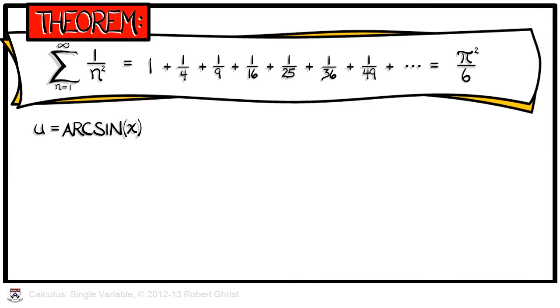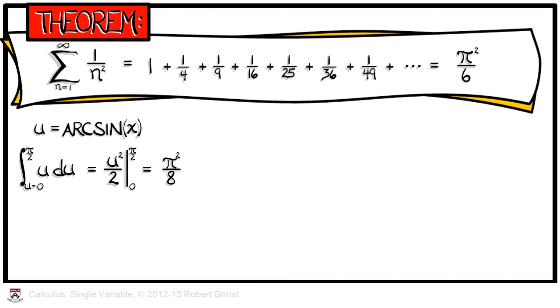Let's begin with the function u equals arcsine of x, and in a somewhat unmotivated step, we're going to integrate u du as u goes from 0 to pi over 2. When we do so, we get, of course, u squared over 2 evaluated at the limits, yielding pi squared over 8.